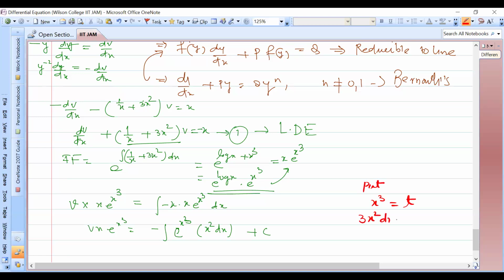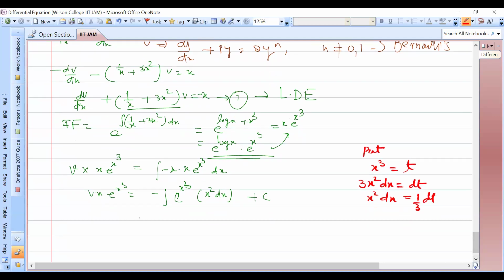So 3x square dx equals to dt. So x square dx equals to 1 by 3 dt. So we can write here 1 upon y, x e raised to x cube. This is minus 1 by 3 e raised to x cube plus c.